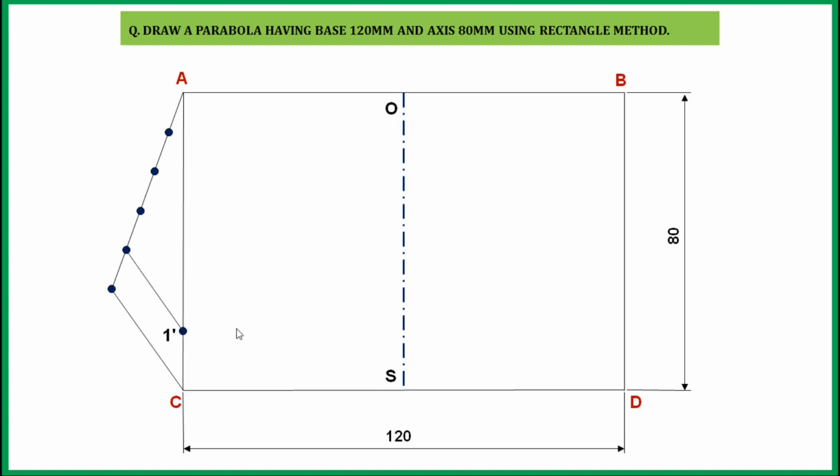So this will be 1 dash, 2 dash, 3 dash, 4 dash, and A itself is 5 dash. Now join all these points with the point O here.